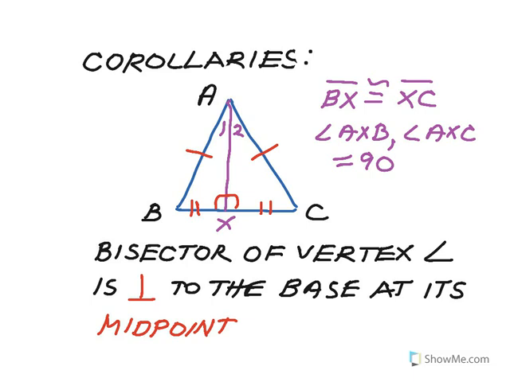And the third thing, I've bisected that angle, so angle 1 is congruent to angle 2. Basically, I've divided the isosceles triangle into two congruent back-to-back right triangles.